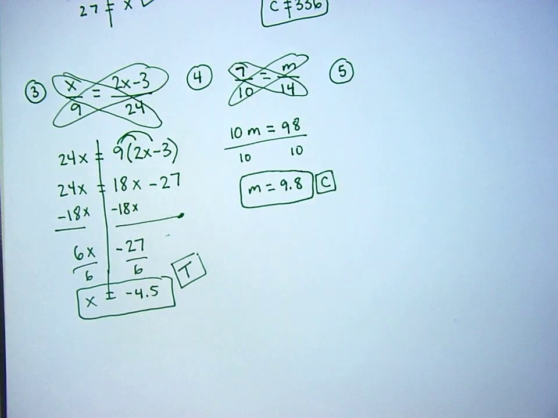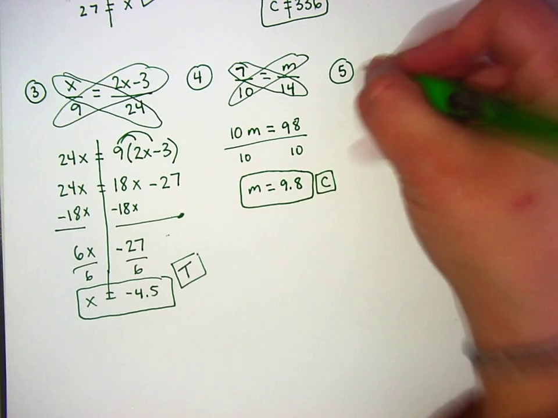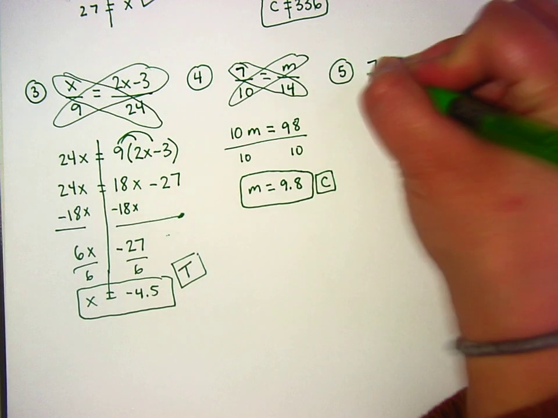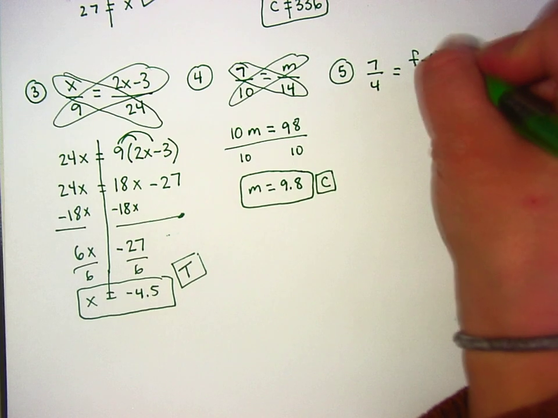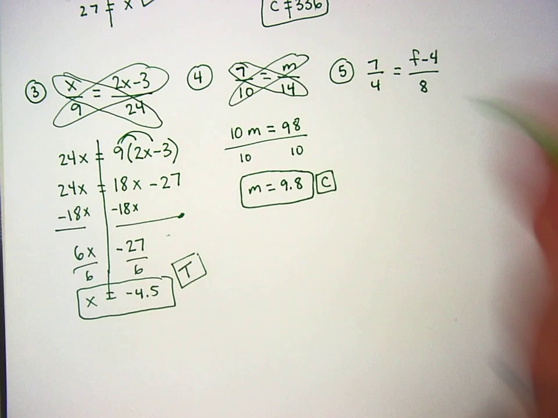How's this going for you guys? Good? All right. So, anybody bingoing? No. Okay. Well, let's keep moving then. I'm going to choose this one: 7 over 4 equals F minus 4 over 8.